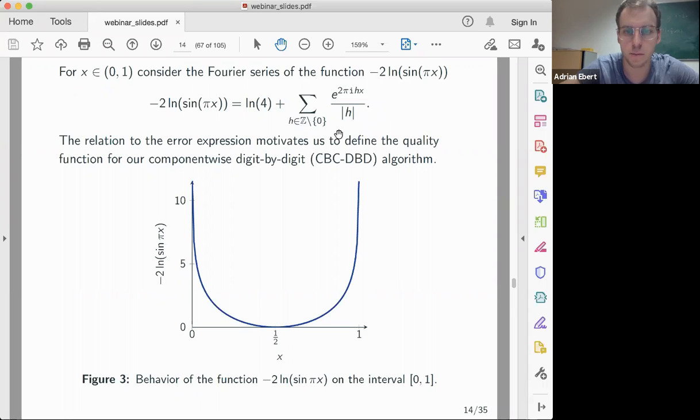And especially this expression here is closely related to our function t, or our quality measure t that we introduced. I won't give you all the details here, but this is basically how we came up with the quality function for our component-wise digit by digit algorithm.